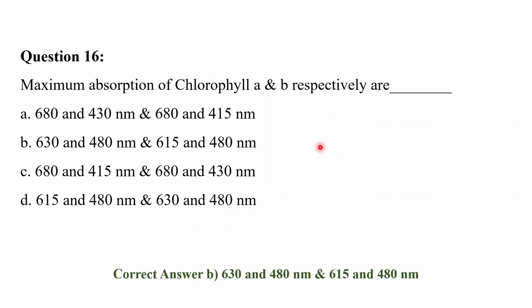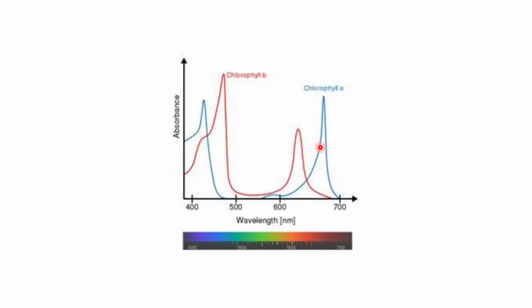For chlorophyll B it is 615 and 480 nanometers. So for chlorophyll A and B both, they have somewhat overlapping peaks, and then the next peak is at 615 for chlorophyll B and 680 for chlorophyll A.